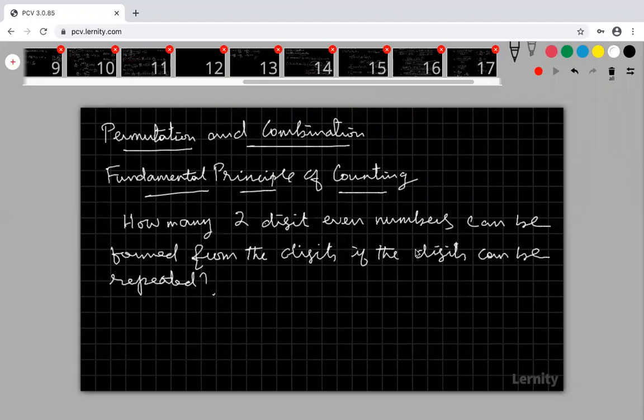So now look at that. How many two-digit even numbers can be formed from the digits? The digits are 1, 2, 3, 4, 5. There are only 5 digits given. The question is, you can form a two-digit even number.